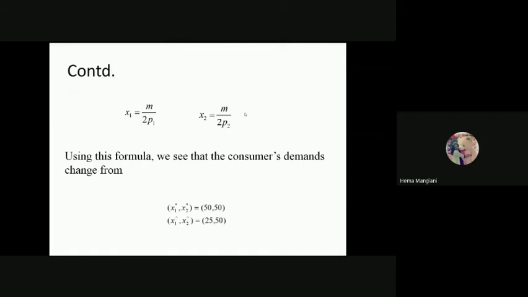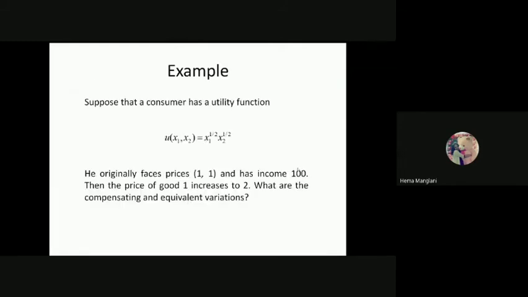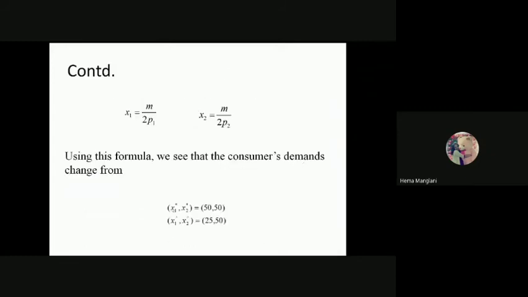By using this, we see how the consumer's demand is changing. Our total income is 100. So the x1 star and x2 star, the optimal bundle, or rather the original bundle, says that with an income of 100, I'm spending 50 on x1 and 50 on x2.